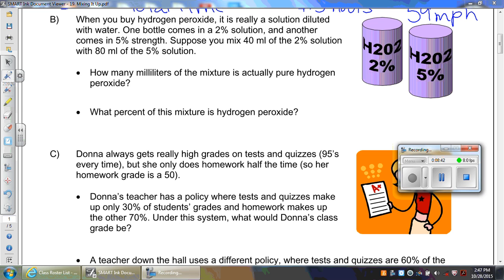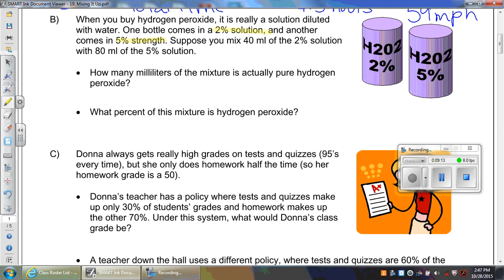Hydrogen peroxide is actually water mixed with pure hydrogen peroxide. You will never get 100% hydrogen peroxide unless you work a lot, and in that case, you'll probably get hurt if you don't use the proper equipment. So whatever you buy at the store is diluted with water.